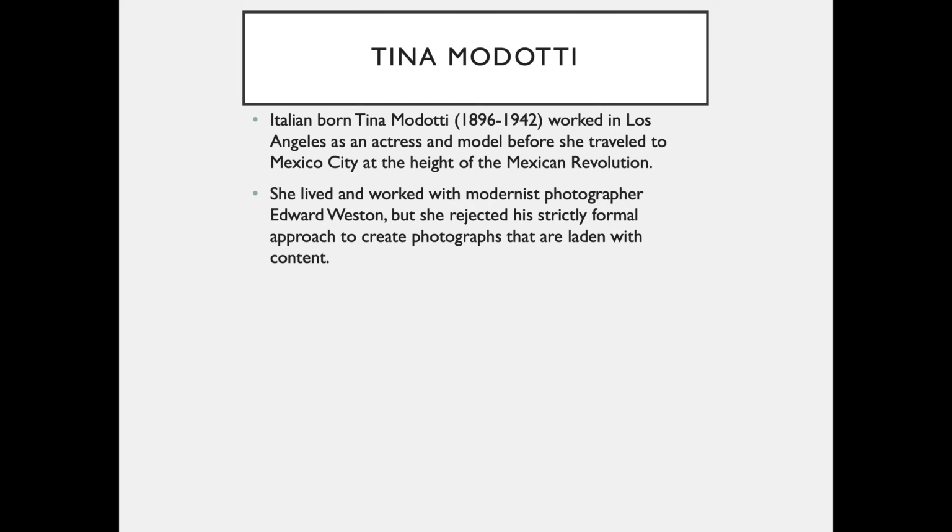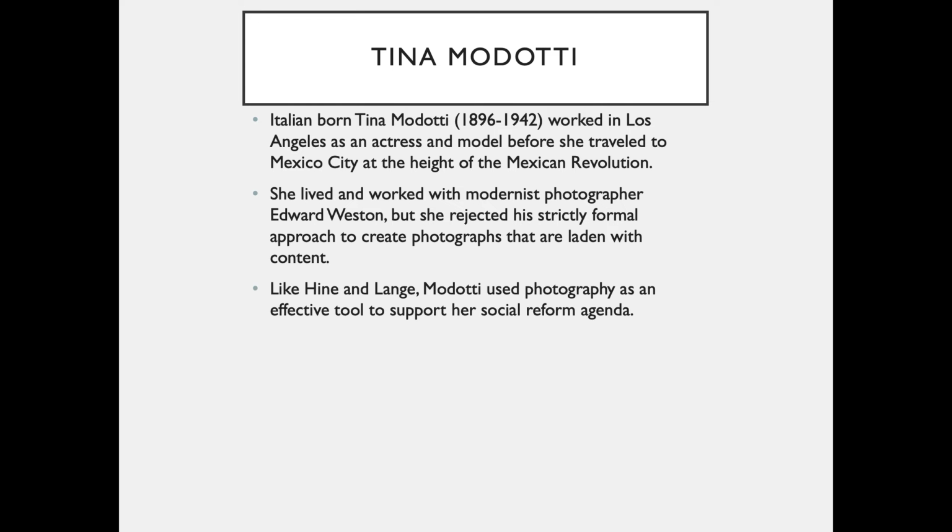She lived and worked with modernist photographer Edward Weston, but she rejected his strictly formal approach to create photographs that are laden with content. Like Hine and Lange, Modotti used photography as an effective tool to support her social reform agenda.